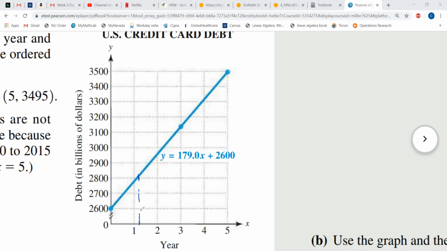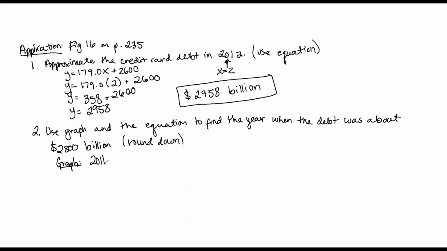So if we go back here and put the year 2011, now we want to do the same thing, but we want to use the equation. And so our equation, remember, we have y, which is the debt, and x, which is the year. We're looking for the year, so that means we're given y. So let's go ahead and plug in 2,800 in for y. So this one is using the equation. So we have 2,800 equals 179x, I'll leave the 0.0 off, plus 2,600.